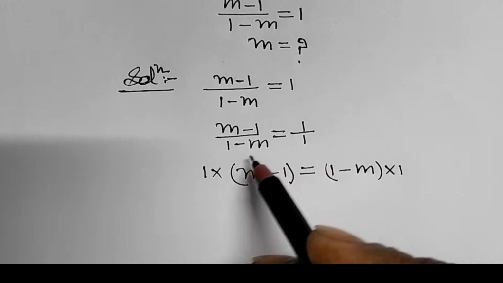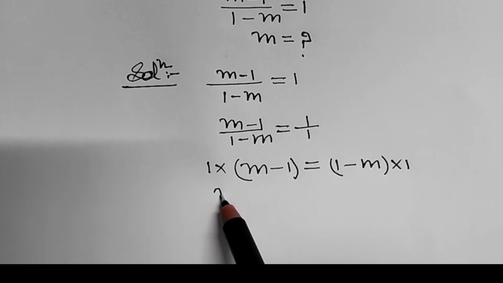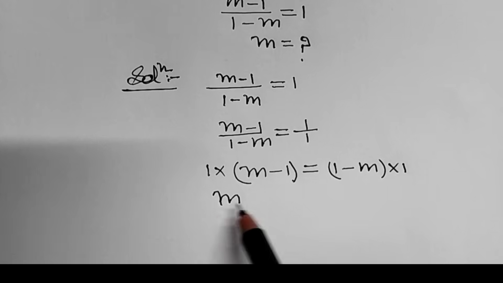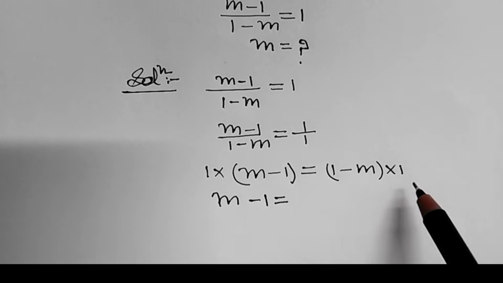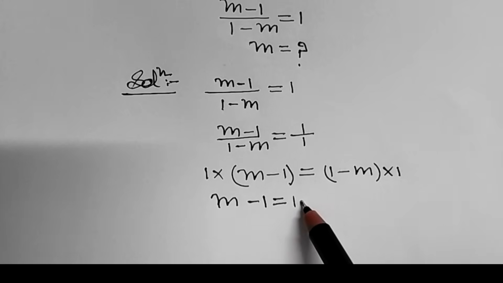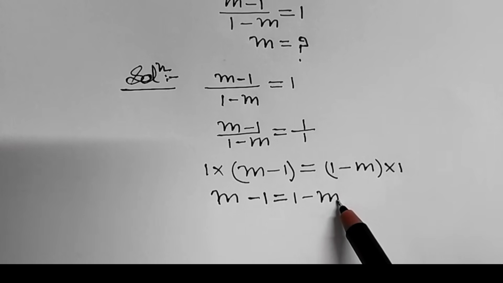Multiply 1 minus m by 1. Now 1 times m, that is m minus 1, equal to 1 times 1, that is 1, minus m times 1, that is minus m.